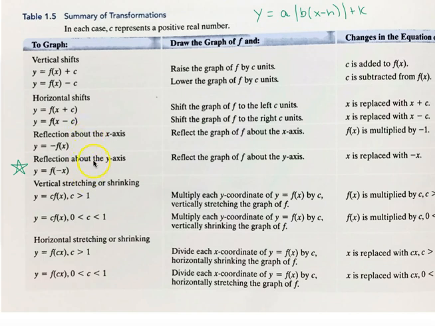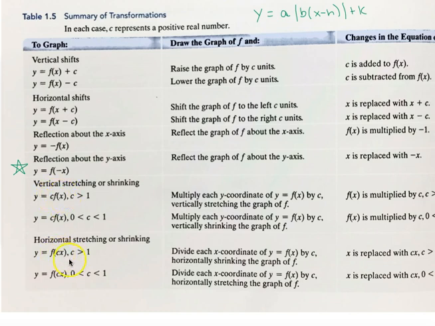We already talked about the reflections. Vertical shrink and stretch and horizontal shrink and stretch, we had both of these in Algebra 2 as well. In the middle, it tells you what you would do to the y coordinates or x coordinates, depending on which type of transformation we're talking about. But again, notice that on vertical, it's multiplied on the outside.